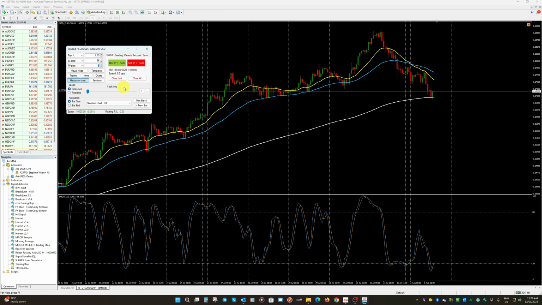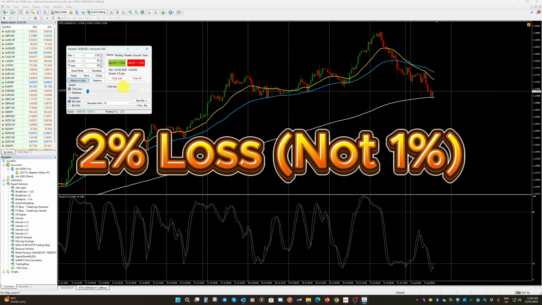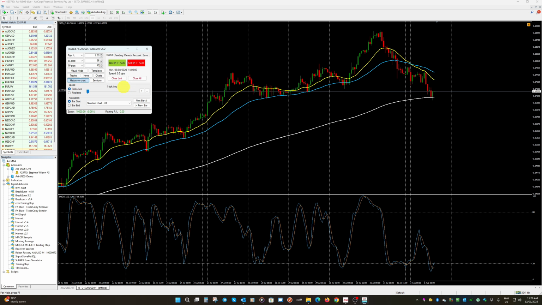Plus I'm going to add one extra pip just to cover the actual cost of the commission, which is $7 per lot turnaround, and also it'll help cover the spreads as well. That way when we do make a loss, we're only losing the 2%, but if we make a gain, we earn our 3% plus a little bit of extra as well.